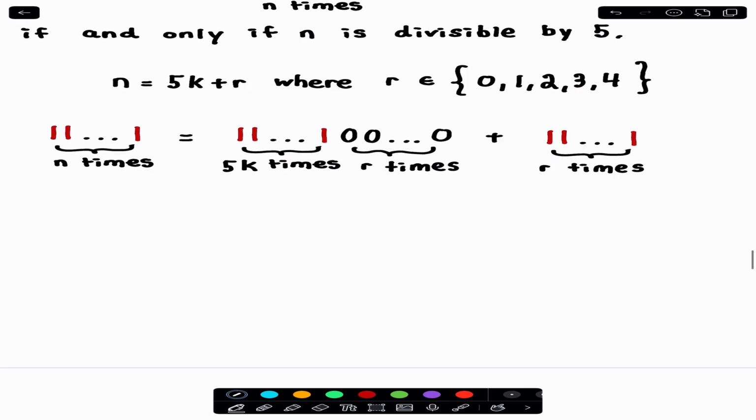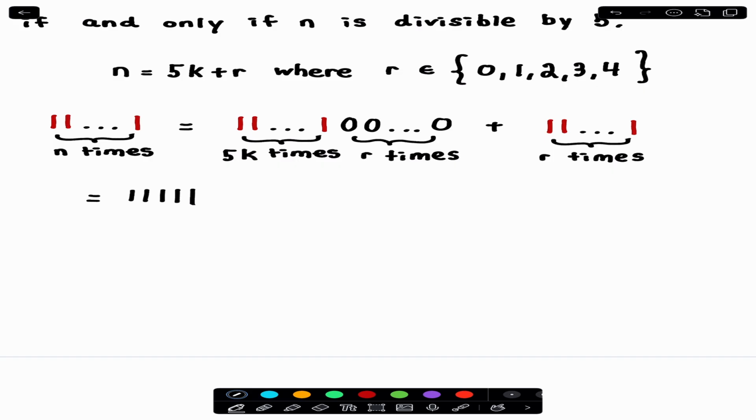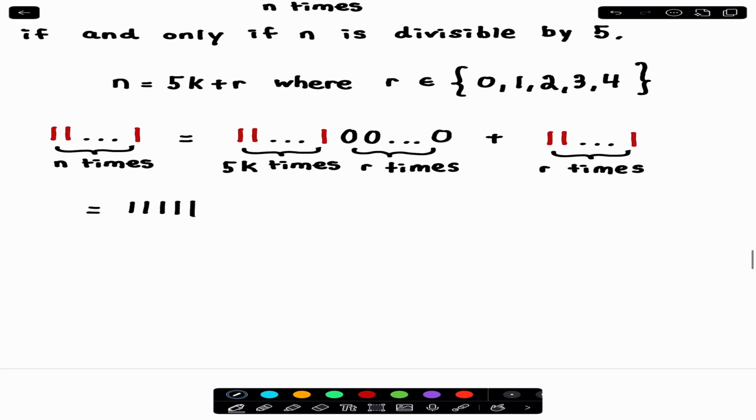Excellent. And we can take things a step further and break this up even further, into five ones, so the fifth rep unit, 11,111, times all of this stuff in the middle.